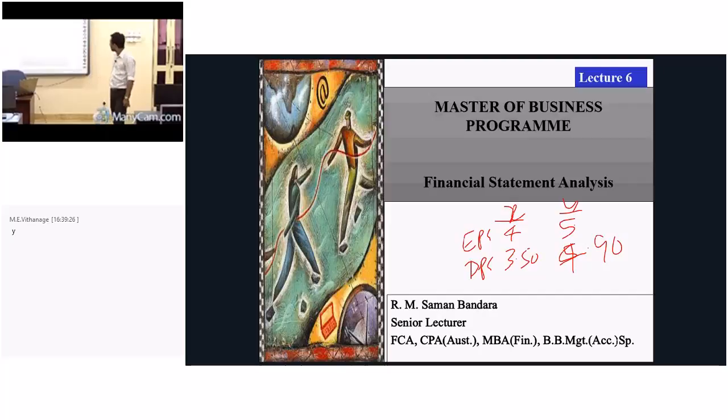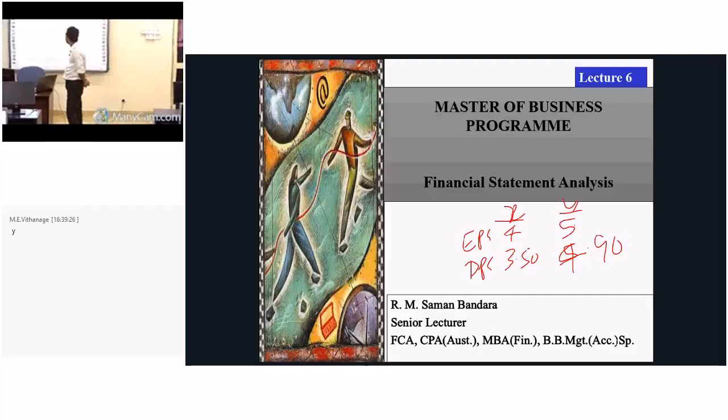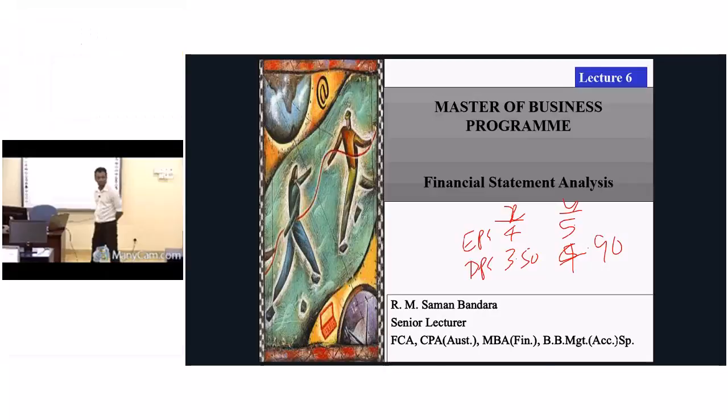How many people are online out of 70? One, 2, 3. Are you also there? What is your name? PSA. Then 2. 3, 4. Chiran. Then only 4, no?